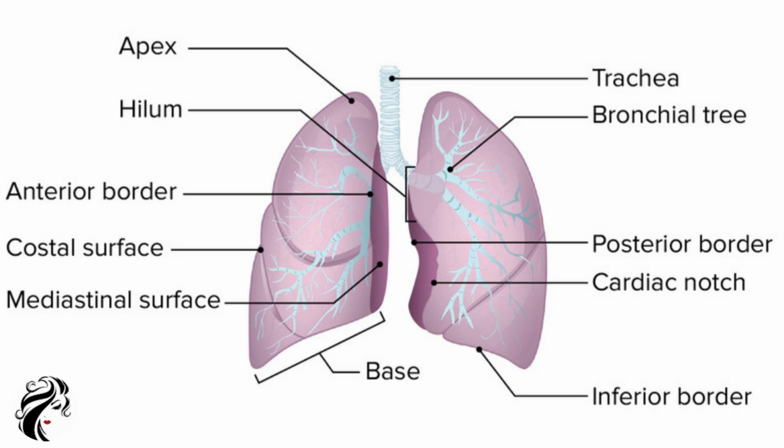Inside the lung there is a bronchial tree present. The anterior border is the anterior side of the lung, and the posterior border is the back side of the lung. The cardiac notch is where the heart is present and the depression is formed. Then there are the costal surface, the mediastinal surface and the inferior border, and just opposite the apex is the base.